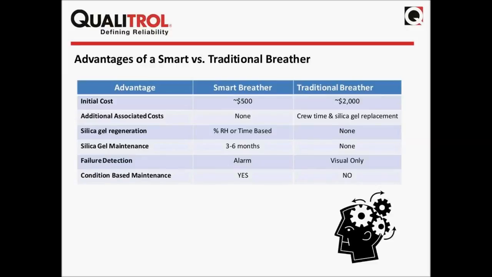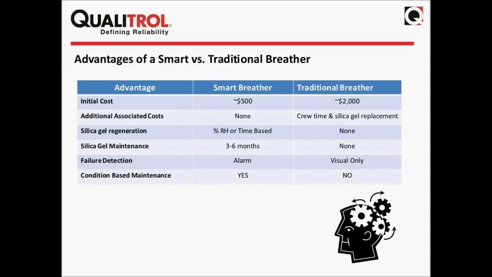So some of the advantages of a smart breather versus a traditional breather: the initial cost is slightly higher for a smart breather. So the smart breather, the cost is around $2,000. For a traditional breather, it's around $500. I see here on the slide I have it reversed.